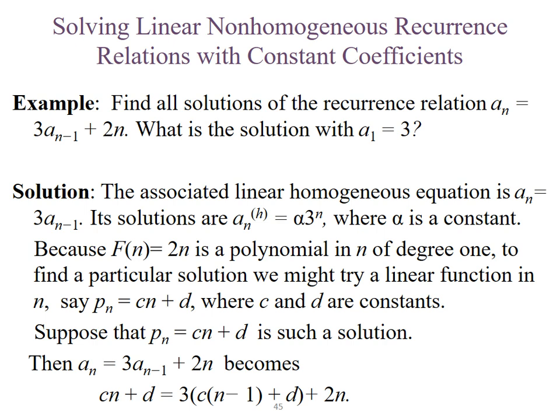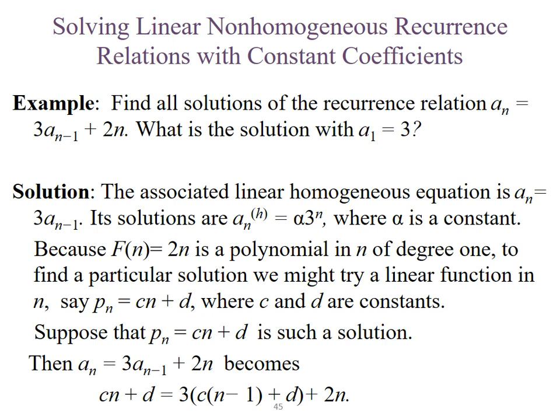Then we can apply the recurrence to discover c and d, because we already know a_n^(p) = cn + d. So we have a_n = 3a_(n-1) + 2n, where cn + d = 3(c(n-1) + d) + 2n.